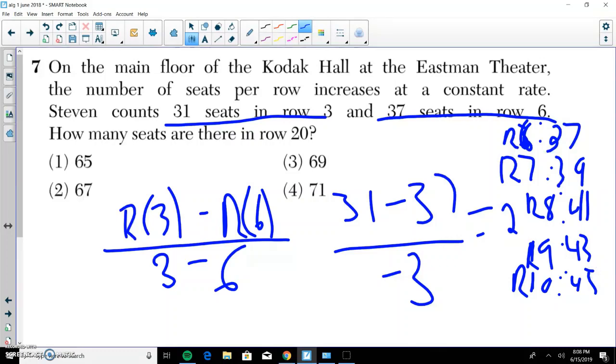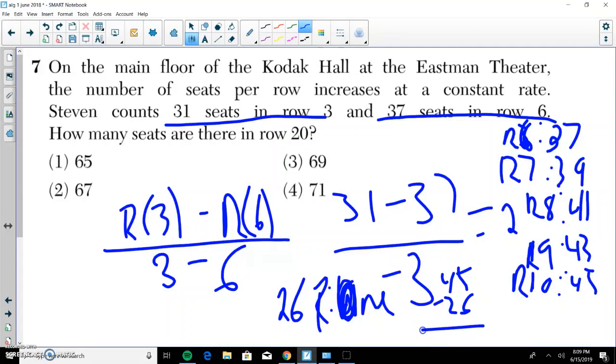Once you get to 45, you're going to see what it was at row 1. So 30, 29, 28, 27, so it's 26 at row 1. So what you're going to do is 45 minus 26, and you get 19. That's how much it increased between row 1 and row 10.